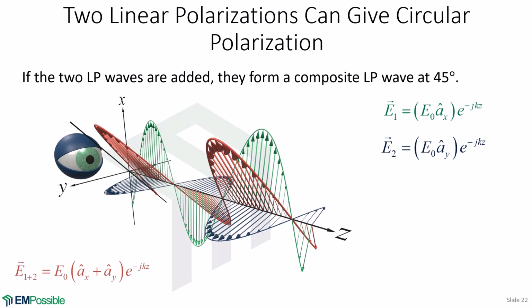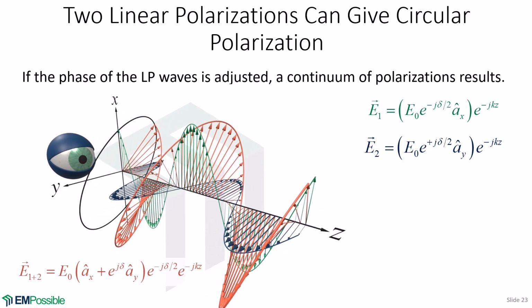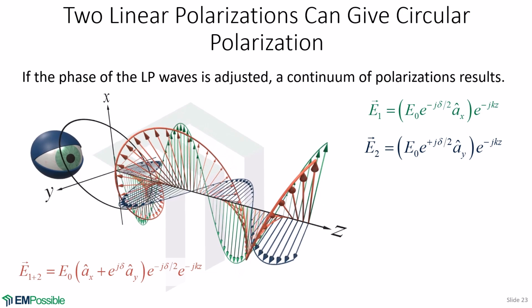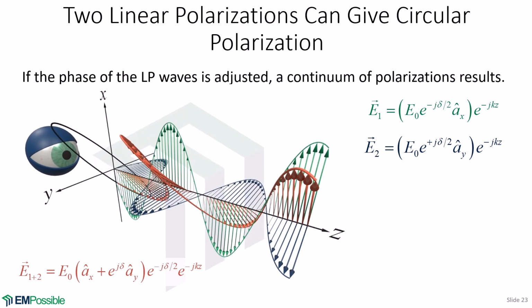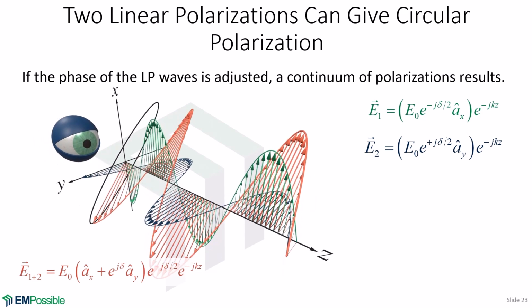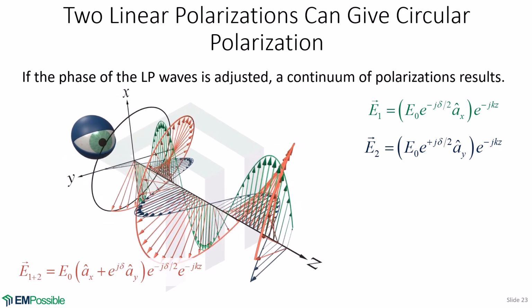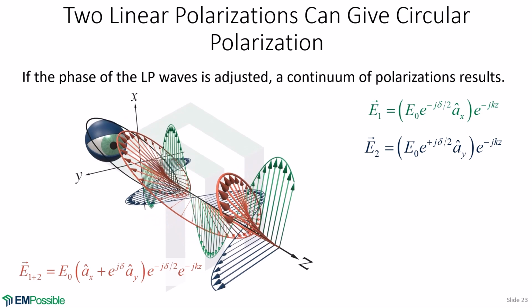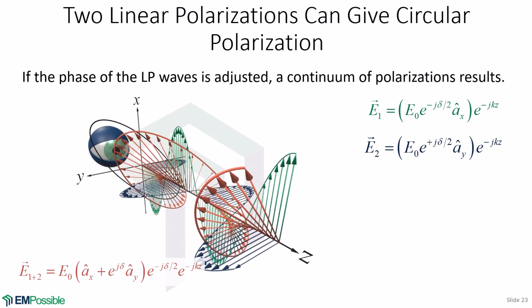Well, now what if we give one or both of these a phase shift so that these two linear polarizations were out of phase? This visualization is showing exactly that. I'm not showing the waves propagating, which is why I wasn't showing the propagating before. Instead, I'm just adding and subtracting phase to those two linear polarizations so that they go in and out of phase.